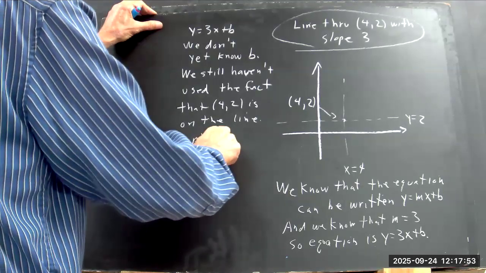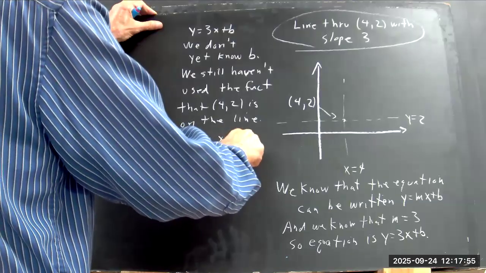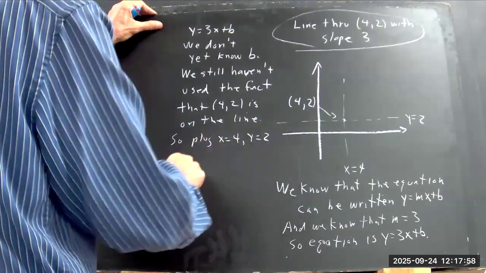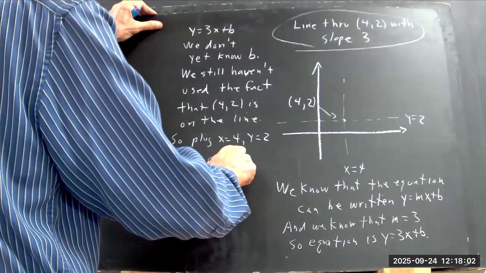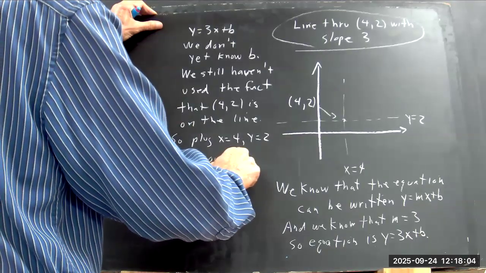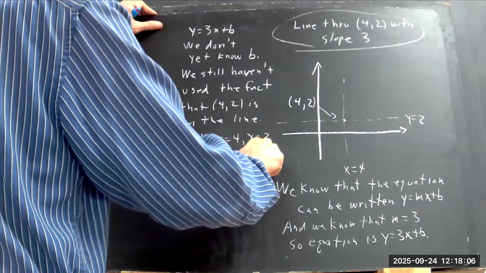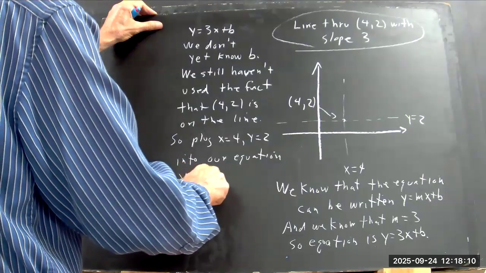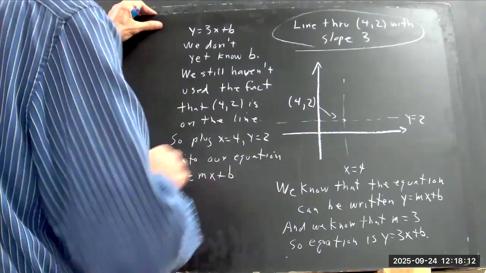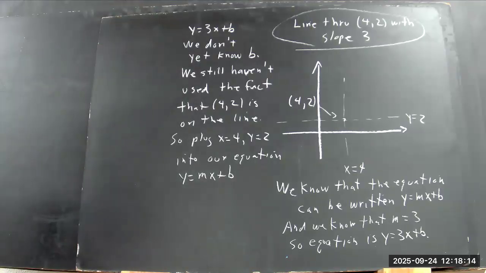So we plug x equals 4, y equals 2, into the equation y equals mx plus b. Okay?